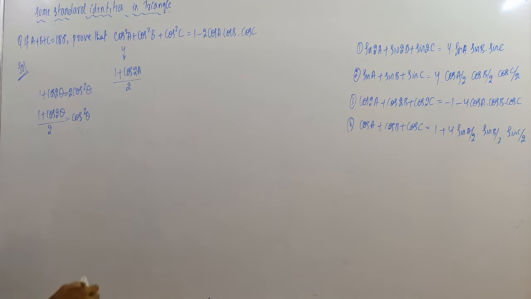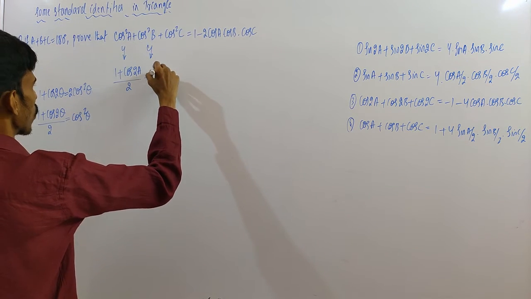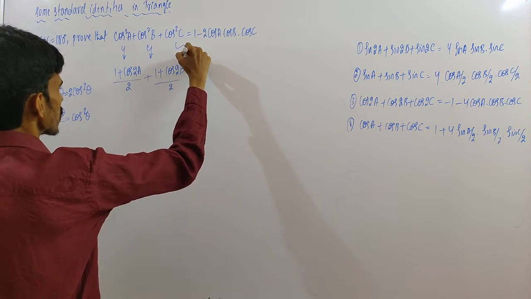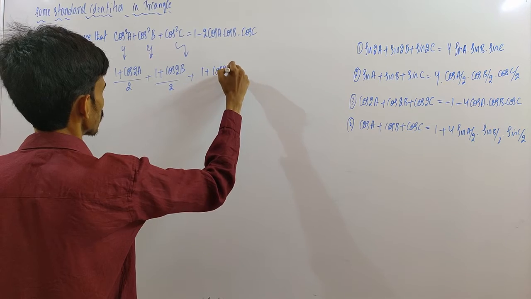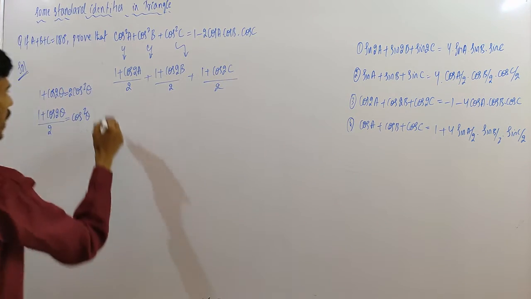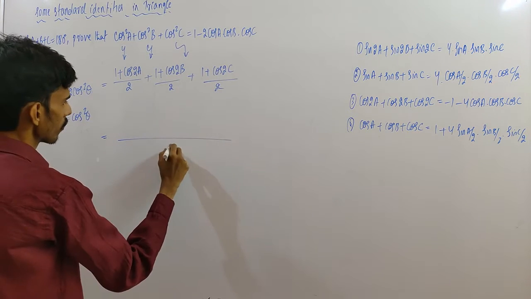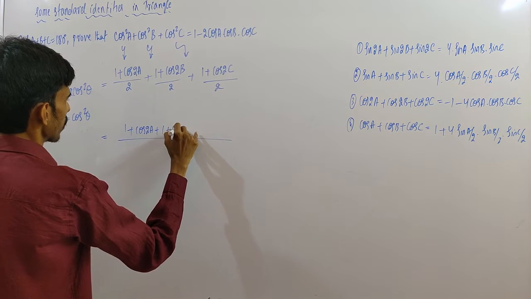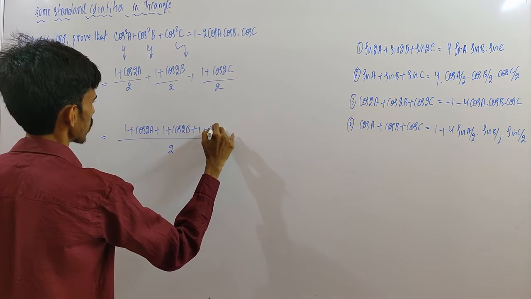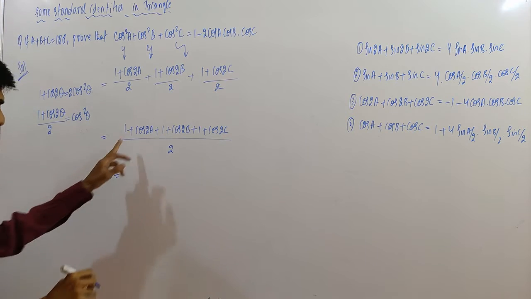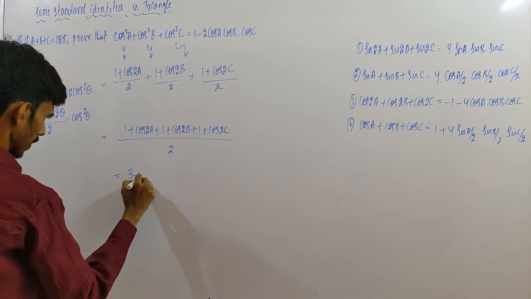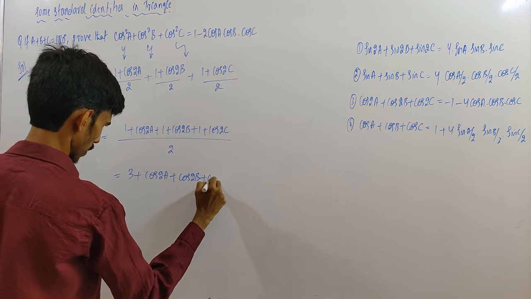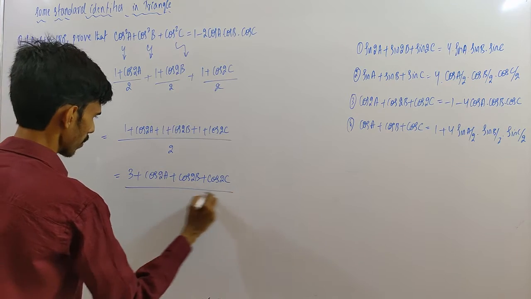Here we have 1 plus cos 2A divided by 2, plus 1 plus cos 2B divided by 2, plus 1 plus cos 2C divided by 2. Now take the LCM. We have 2 in the denominator, and 1 plus cos 2A, 1 plus cos 2B, 1 plus cos 2C. 1 plus 1 plus 1 gives 3, plus cos 2A plus cos 2B plus cos 2C, divided by 2.